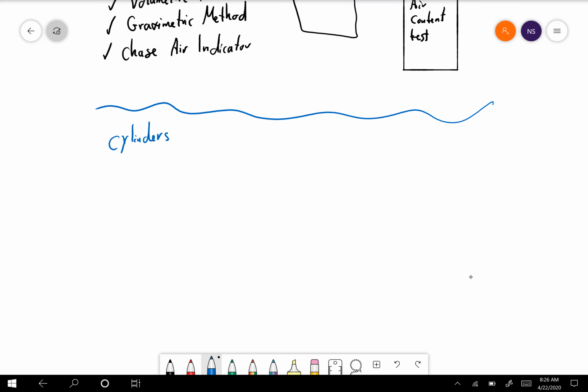Most of the time, the standard dimension is 6 by 12, 6-inch diameter by 12-inch height. This is the standard dimension.